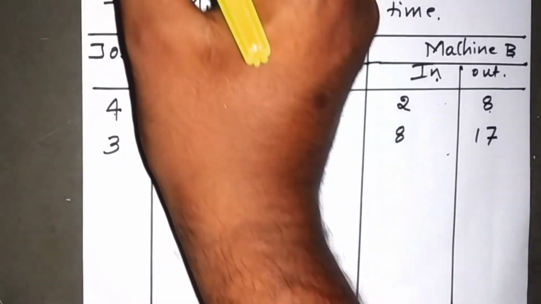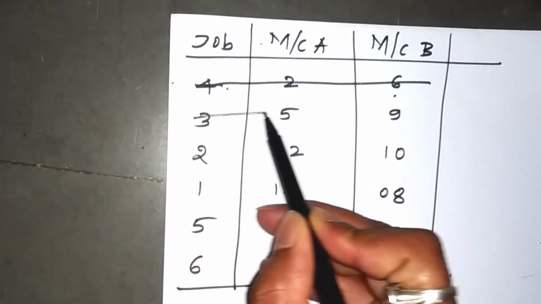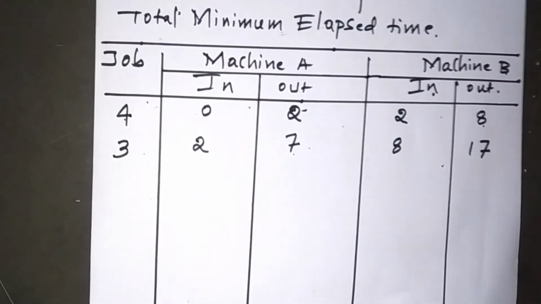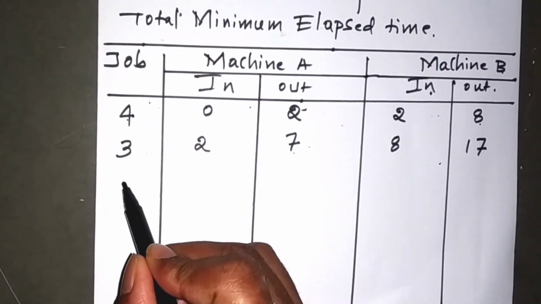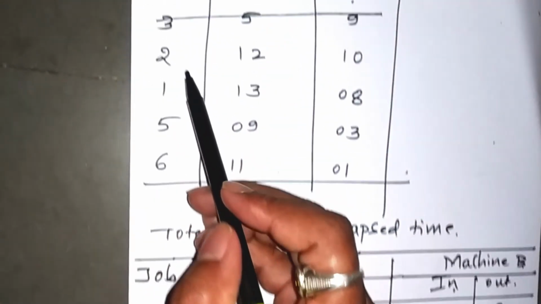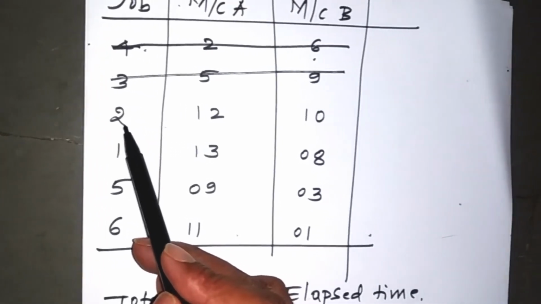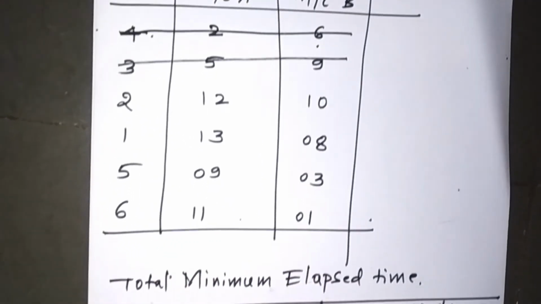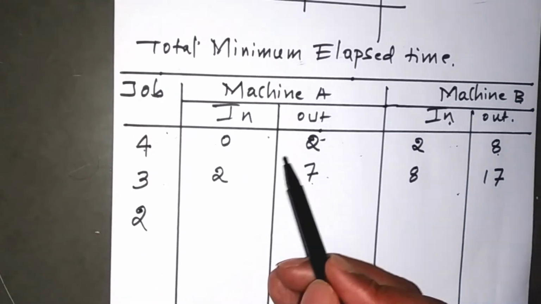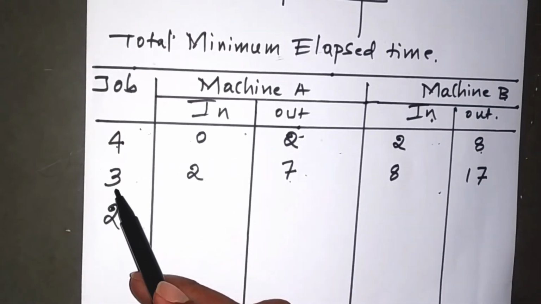Now we will delete this from the list. Again, in this way you have to go on filling it. Now we will take the third in the sequence, that is the second job. Now I have taken the second from the list. So here I want to take this. Now the second job on machine A will enter after completing the third job.